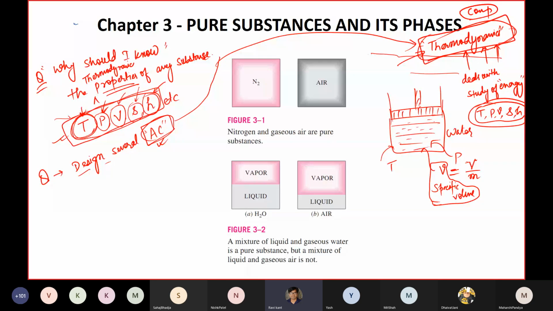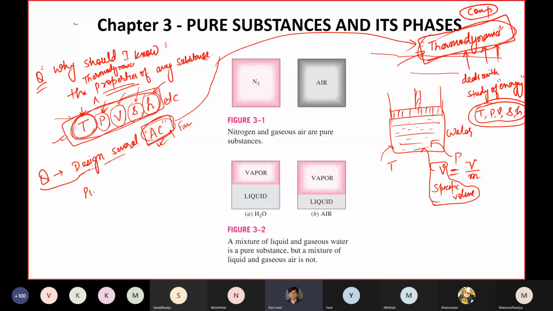Fine, so far so good. We are looking at why we want to study this subject: to design several thermodynamic systems, such as your AC, which is a very cool example, or your fan, or the power plants through which electricity comes to your home.